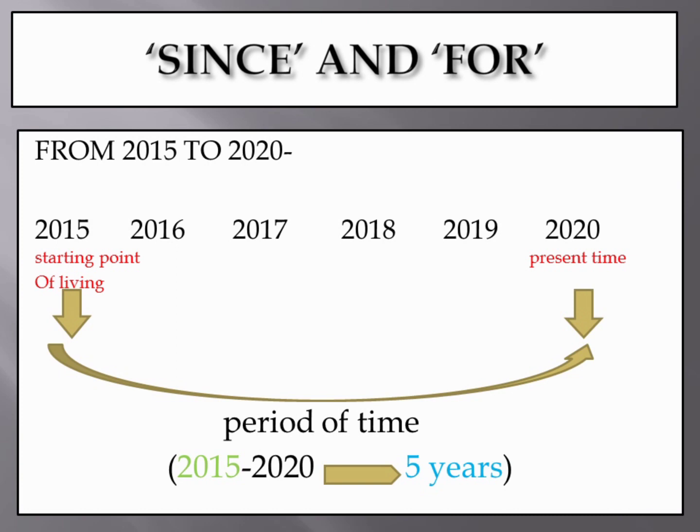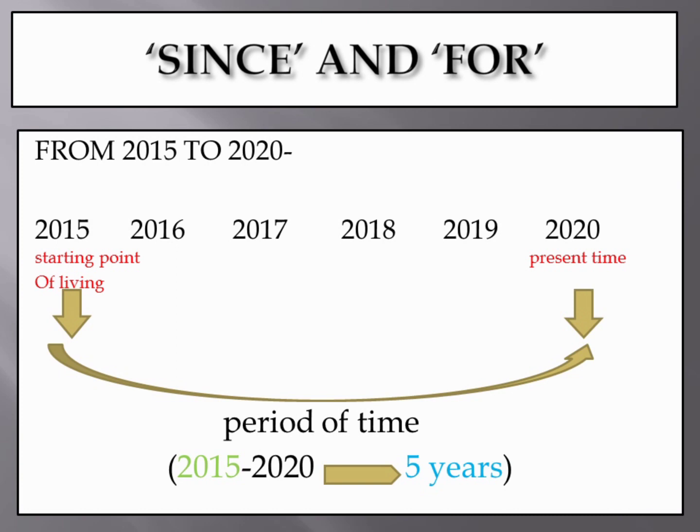This is the total period of time. So when we are talking about an exact point of time, a particular time, we use since. And when we are talking about a period of time, we use the preposition for.